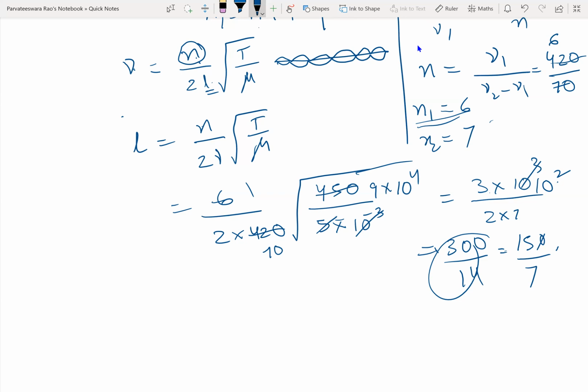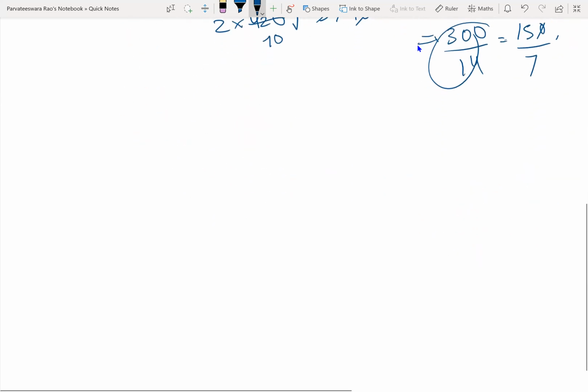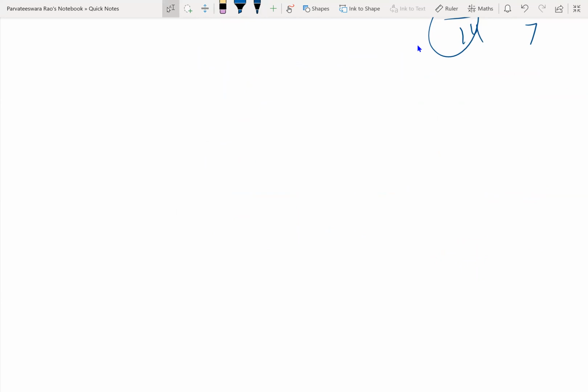Next, for a certain organ pipe, three successive resonance frequencies are observed at 425, 595, and 765 Hz, respectively.